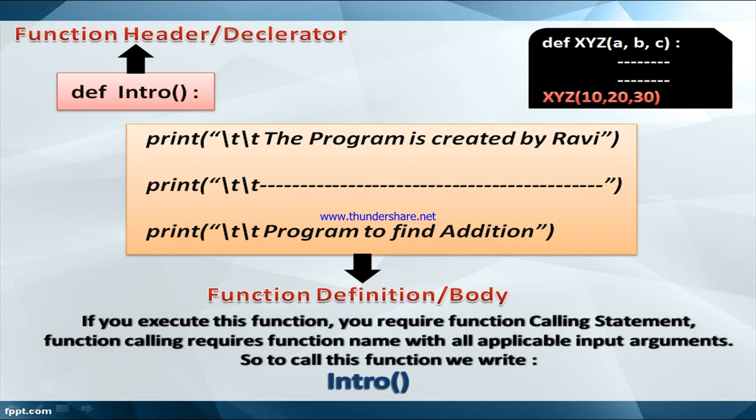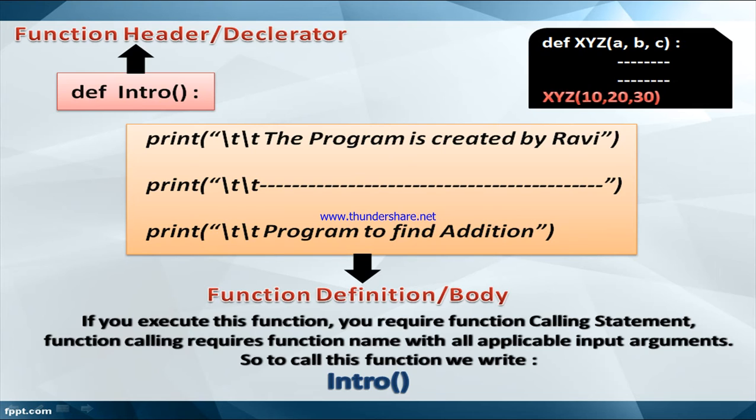Just after def, one space is there, and after that the name of the function with a small bracket. Here the bracket is vacant, nothing is there inside the bracket.